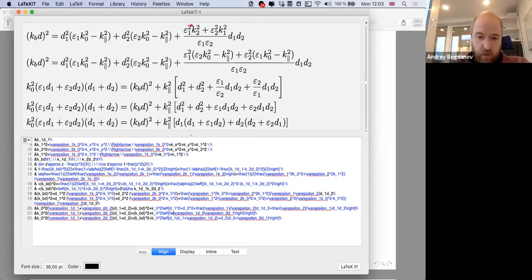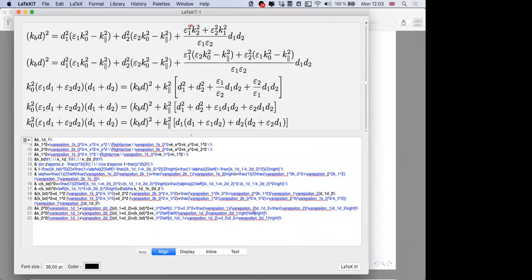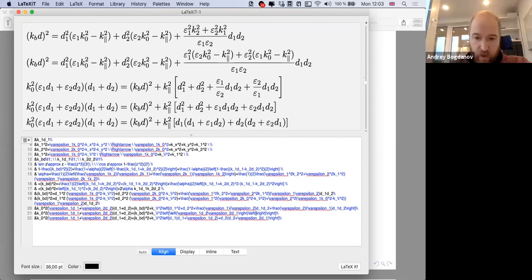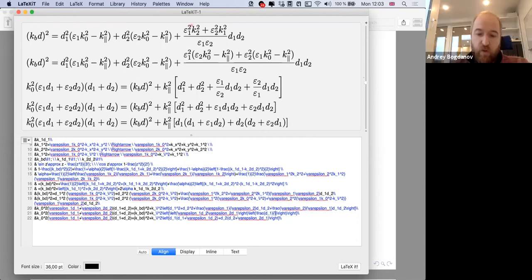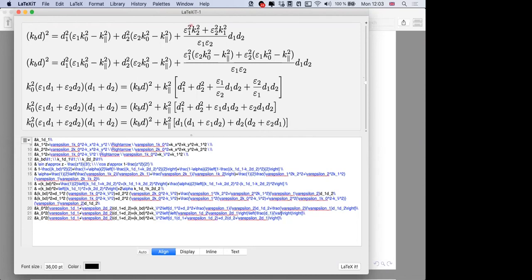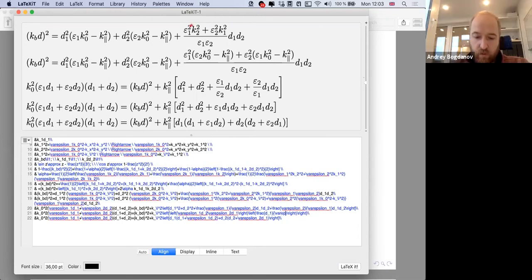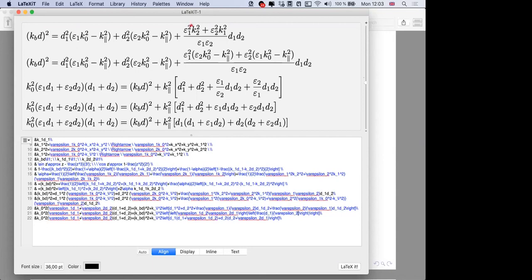Yes, and the second bracket: d1 over epsilon 2. Okay. This looks correct. Plus d2 over epsilon 1. D1 over epsilon 2. Are you sure? Yes, it's right.